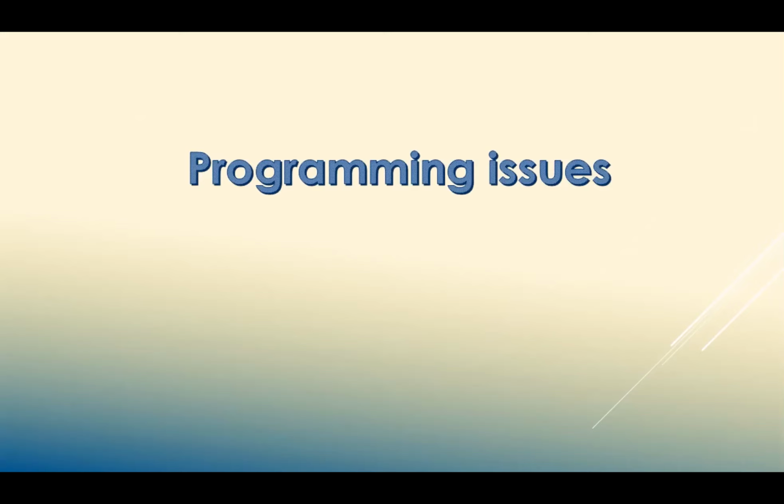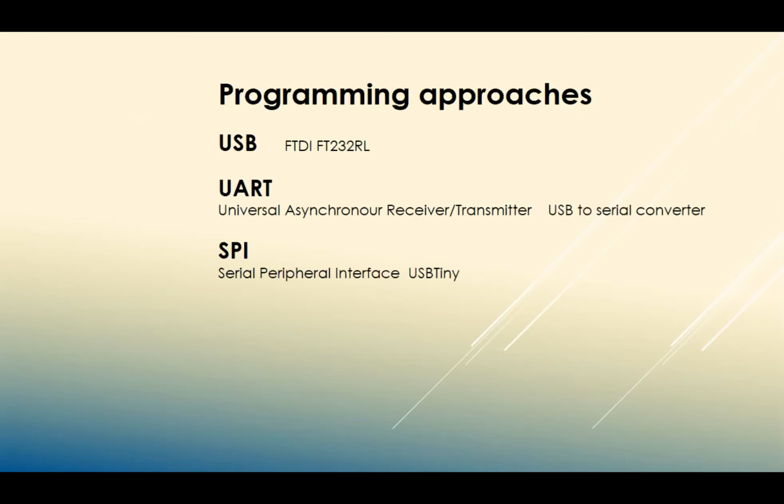The next question people raised with me was the question of programming Arduinos. So there are 3 approaches to programming a Nano. The most common one is using the USB connection.